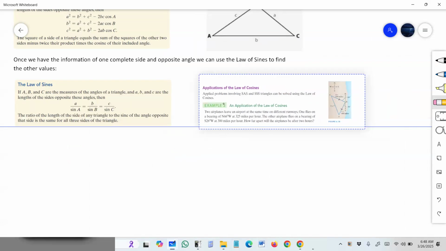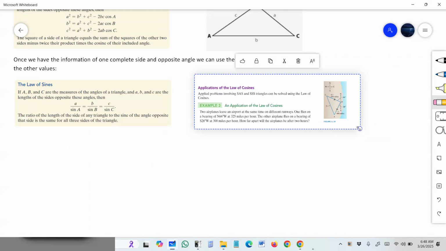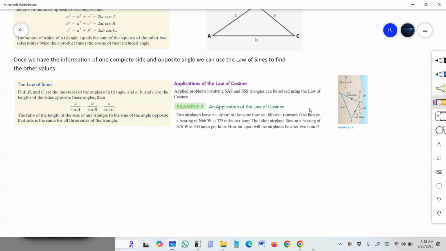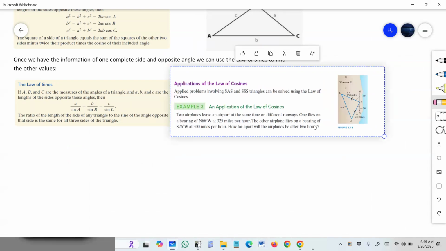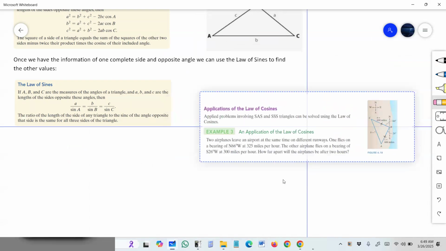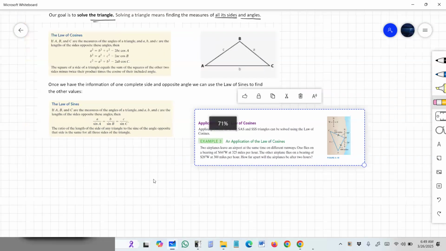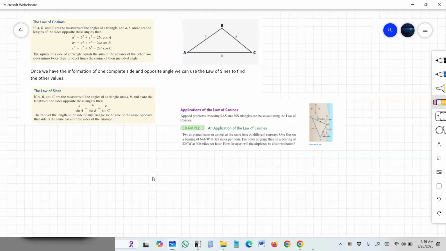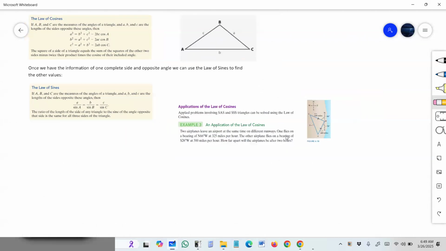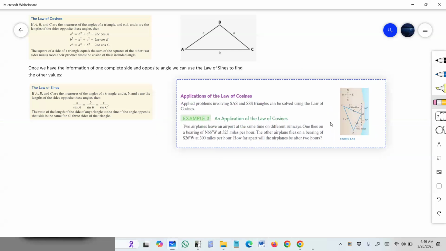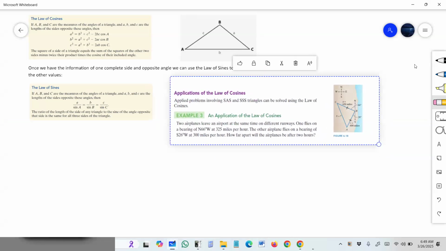I'll move it here and make it a little bit bigger so that we can see both the law of sines and cosines.